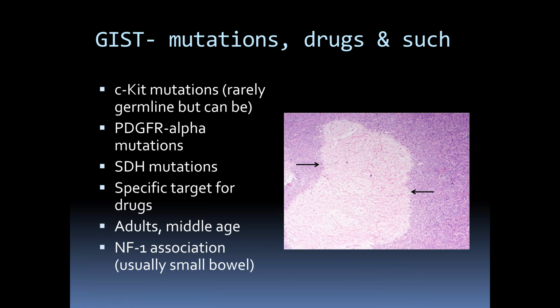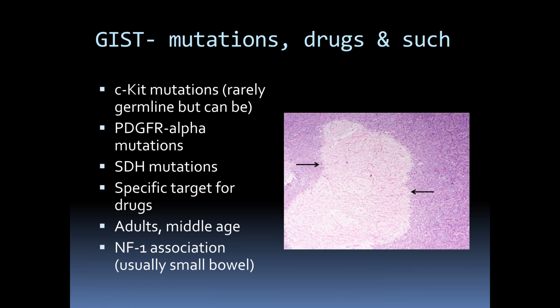But you can also have other mutations, notably with platelet-derived growth factor alpha or with succinate dehydrogenase. And since these may or may not have specific targetable drugs pertinent to them, sometimes mutation testing comes into play, and we'll cover those circumstances.